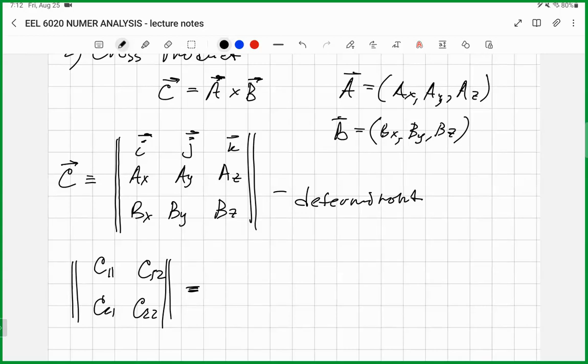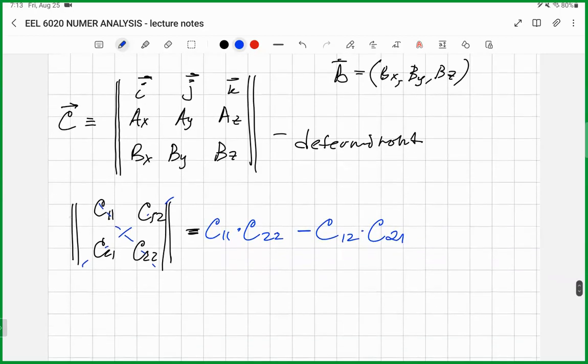I will denote a matrix by one vertical line. In the case of a 2 by 2 matrix it is very simple. It's just the product of the diagonal elements minus the product of the other diagonal elements. So it will be C11 times C22 minus C12 times C21 by definition.